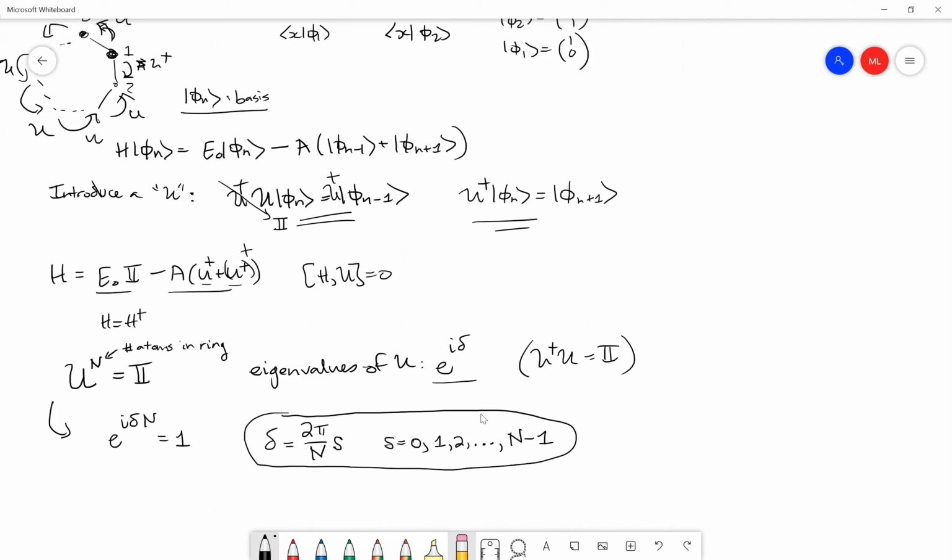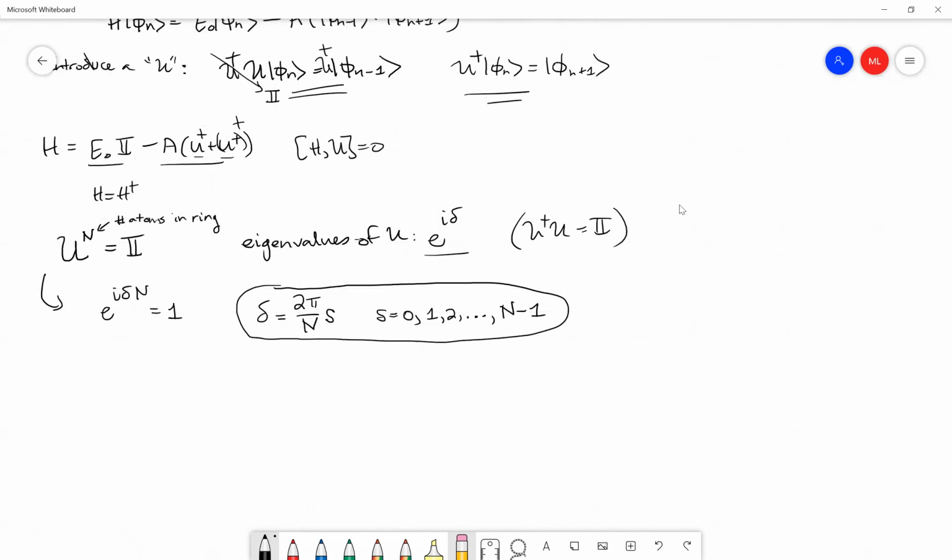And so that's great. We now know the eigenvalues of the U operator, and by extension, we can write down the eigenvalues of the Hamiltonian. But let's think a little bit about the eigenvectors.